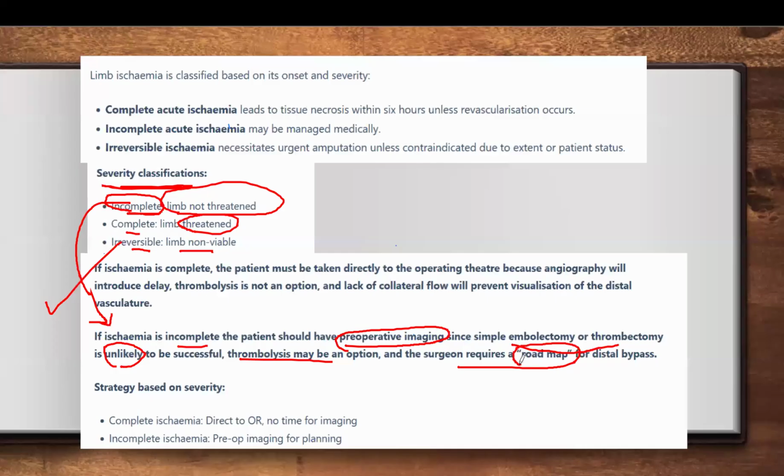He needs to know where exactly the thrombosis is, how big it is, what the degree of obstruction is, and whether there are any collaterals due to any underlying peripheral arterial disease. He needs to have a complete detailed picture. So that is why preoperative imaging is important in case of a viable limb.